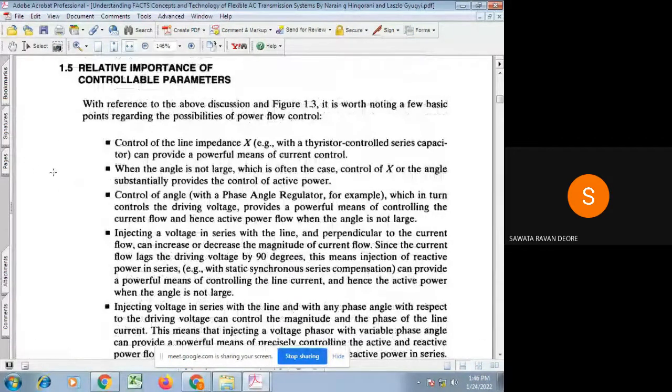By controlling the line reactance, whatever discussion we did now, we can control the current flowing through the line. And obviously, by controlling this current flowing through the line, by controlling X, we will be able to control the active power flow through the line.